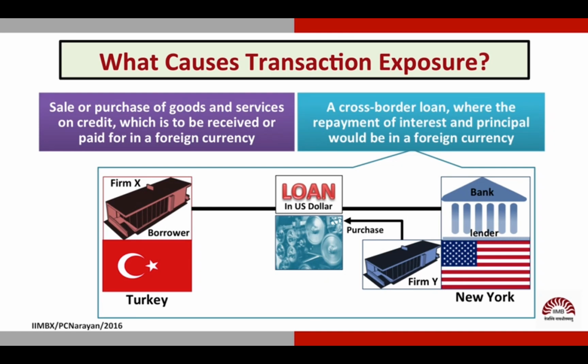That machinery will be installed and made operational in Turkey to produce goods for sale in Turkey. Hence, all its cash inflows from that investment would be in Turkish lira. However, the repayment of the loan in the future is contracted in US dollars, not in Turkish lira. Therefore, the Turkish company has a transaction exposure.